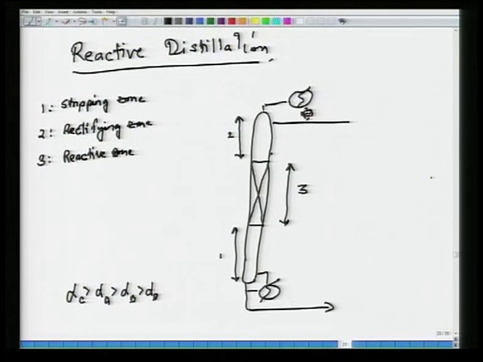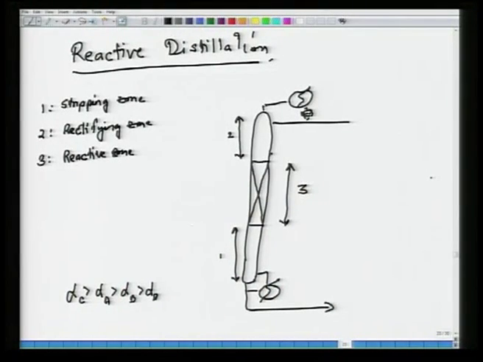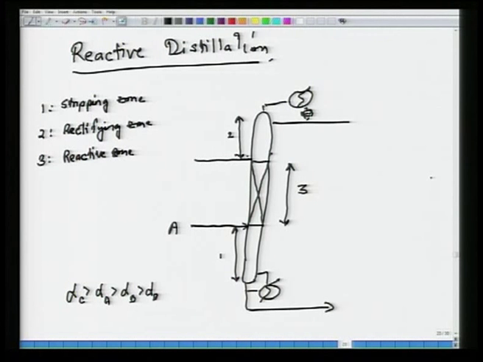Now, I have got fresh A and fresh B. What I do is, A is light, so it has a tendency to rise up the column. So I put in A below the reactive zone, this is fresh A. B, being heavy, has a tendency to go down compared to A, therefore I put it just above the reactive zone.